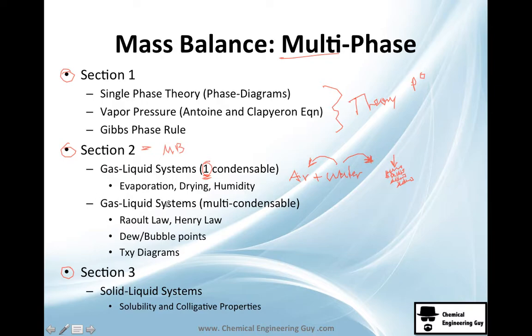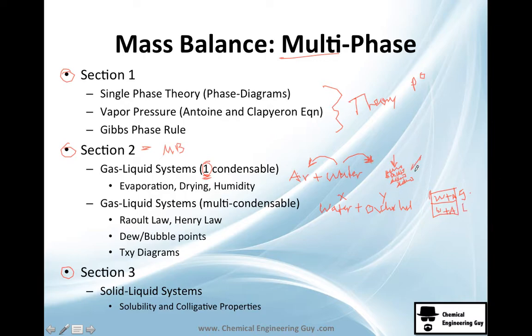Now we go for the gas-liquid system with multiple condensables, which imagine water and alcohol. I don't know if you know it, but water and alcohol you can boil them. They will increase the concentration of X and Y, etc. You boil them and you will have water and alcohol in the gas, and you will have water and alcohol in the liquid.